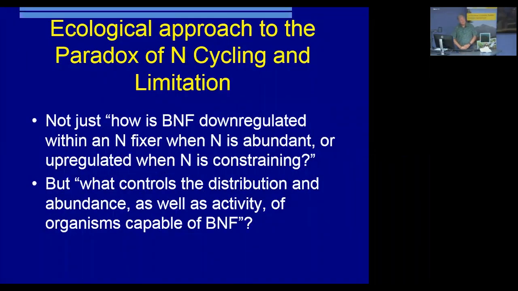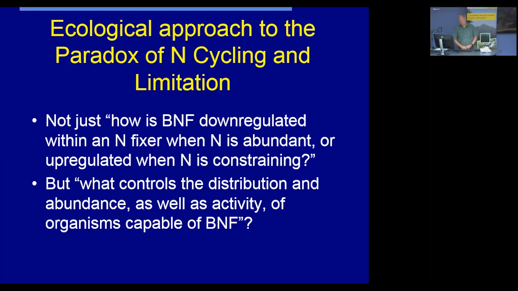So to understand the paradox of nitrogen cycling and limitation, it's not just a question of how biological nitrogen fixation is regulated within nitrogen fixers, downregulated when nitrogen is abundant, or upregulated when nitrogen is constraining, for which there is wonderful physiological work on biological nitrogen fixers.